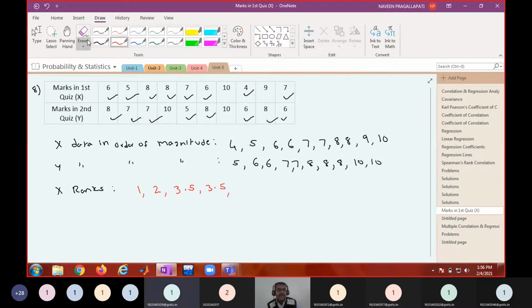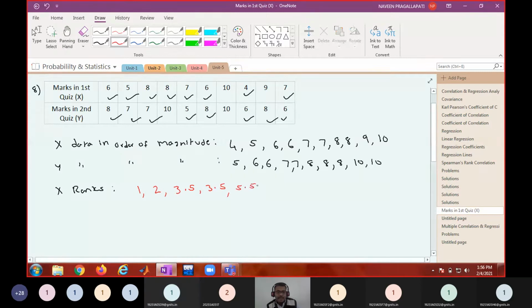Yes, sir. Okay, so 1, 2, 3, 4 are over. Now you count with 5 and 6. Fifth and sixth positions are occupied by the same number, so you take the average of fifth and sixth positions, which is 5.5, 5.5.